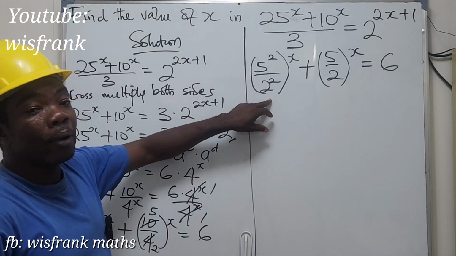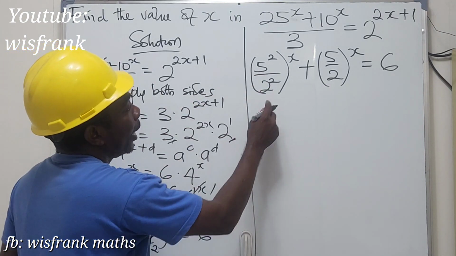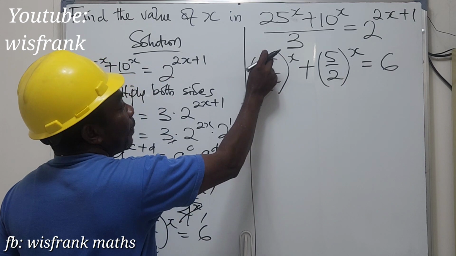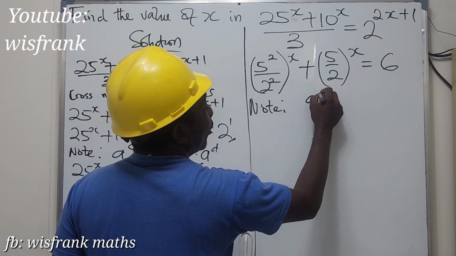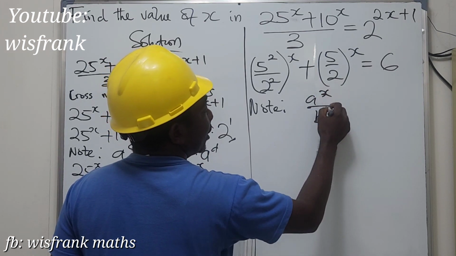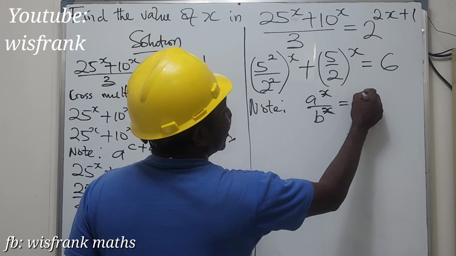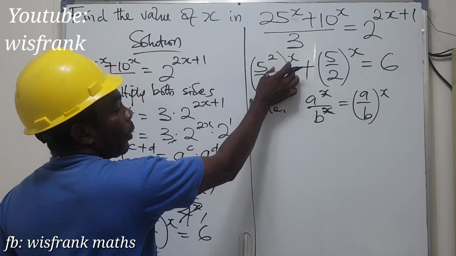So this is our new equation now. So now we recall that when we have a to the power of x and b to the power of x, it is the same thing as a all over b all to the power of x. So that is why we have this.